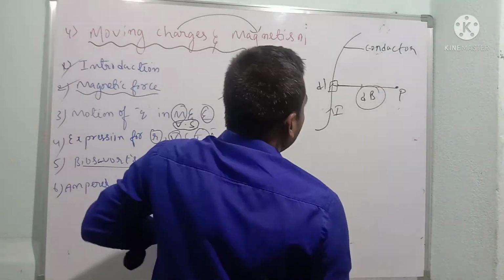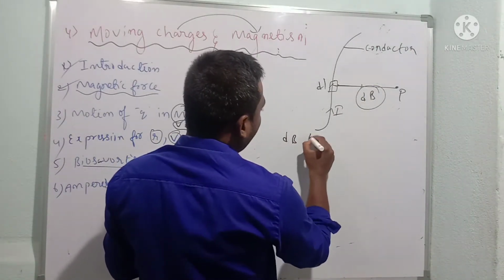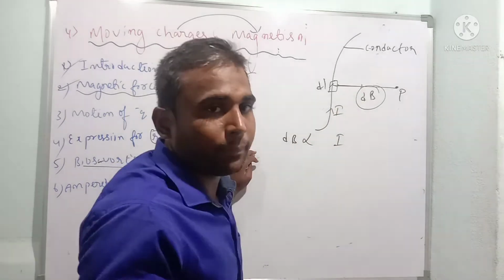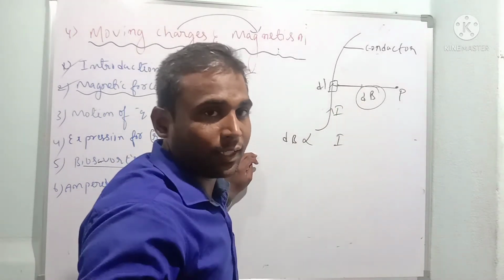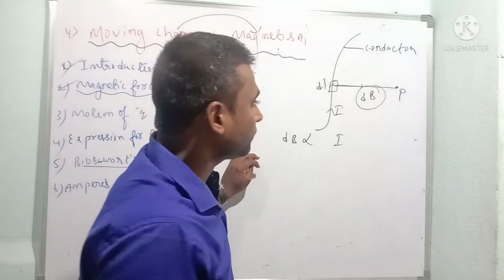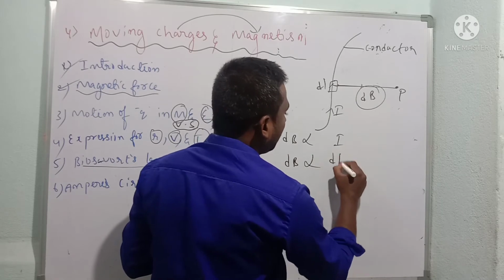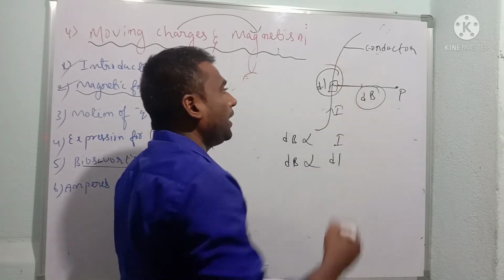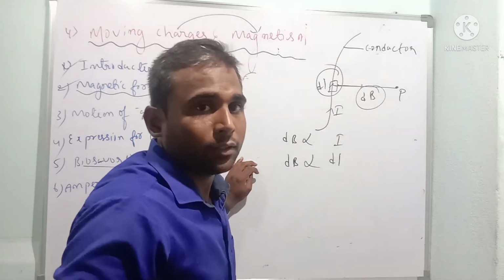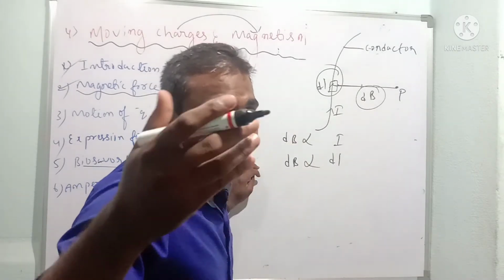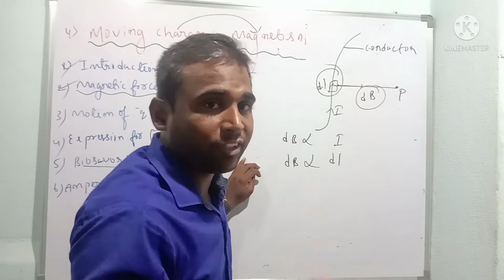Very important. Now, this magnetic field is directly proportional to I. If current is more, then magnetic field will be more. If current is less, magnetic field will be less. It is also directly proportional to dl. If the length of the element is more, the number of charged particles gathered is more and produces more current.